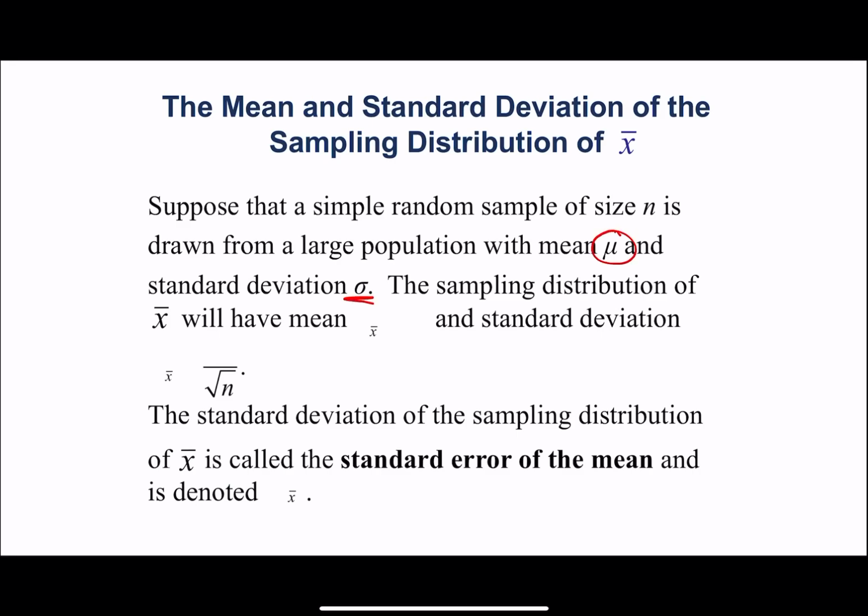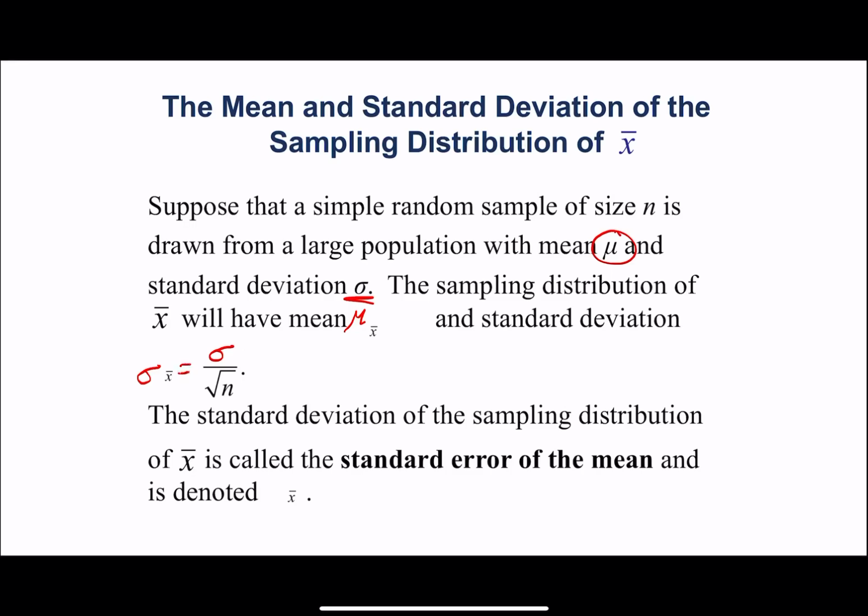The sampling distribution of x bar has a mean, mu sub x bar, and a standard deviation. I'm not sure what happened because it looks fine on my other screen. I'm really sorry this didn't show up well. I'm hoping it shows up good on the one that you download.